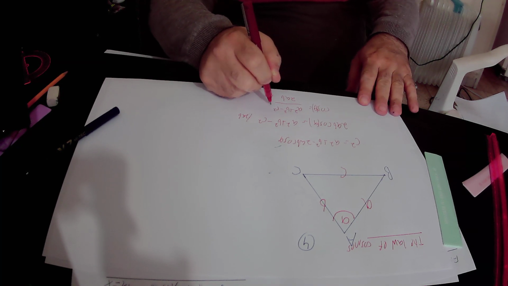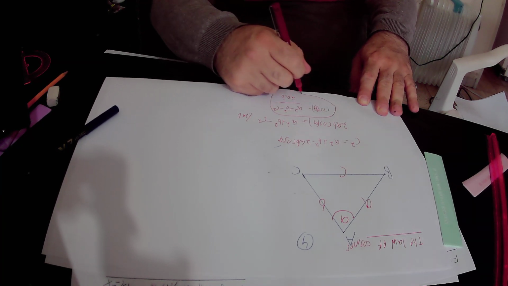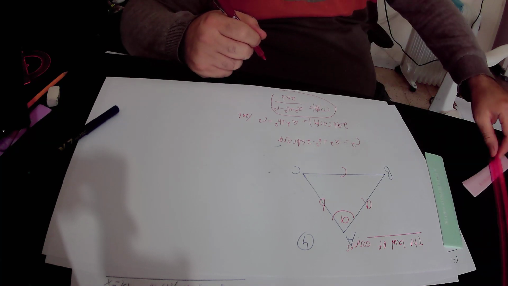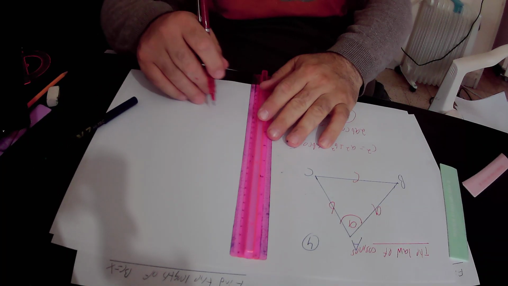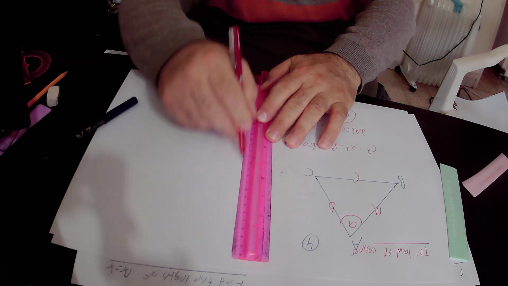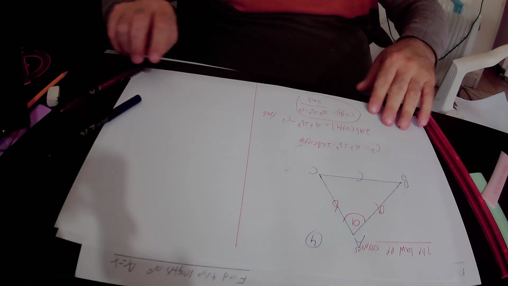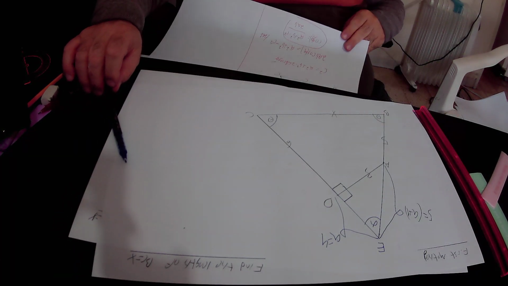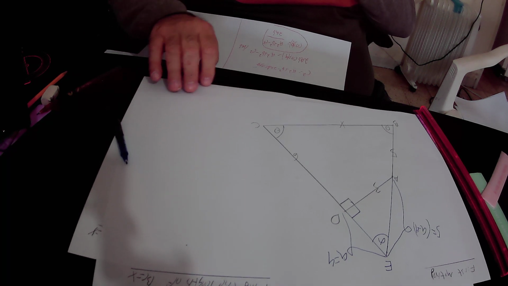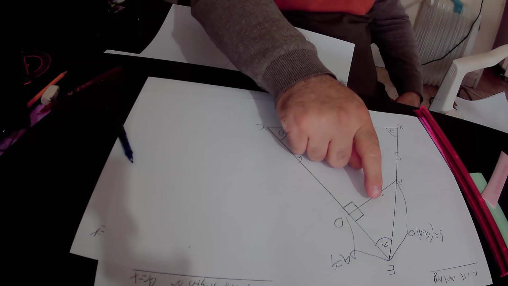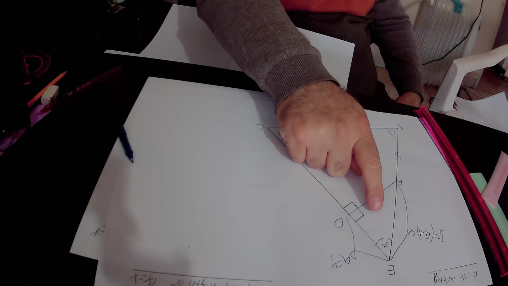Okay, so we can actually implement the law of cosines in our drawing. In our drawing we have this angle alpha, and we know that cosine alpha equals 4 over 5, 0.8.